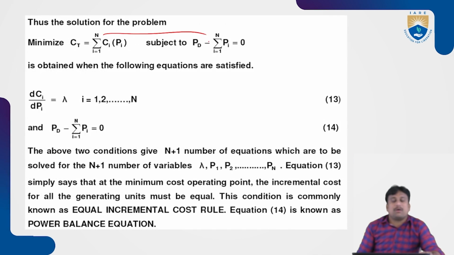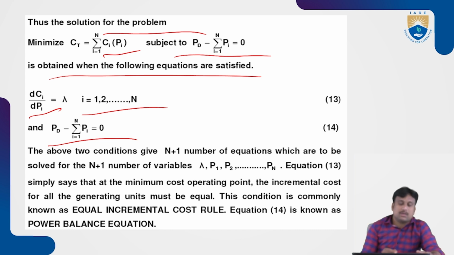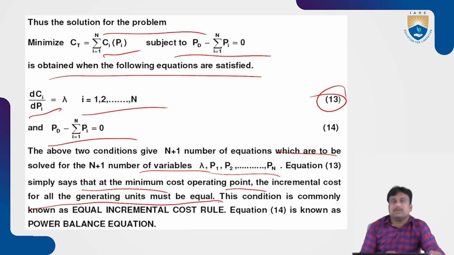Thus the solution for the problem of minimizing CT as summation i equals 1 to n Ci Pi, subject to Pd minus summation i equals 1 to n Pi equals 0, is obtained when the following equations are satisfied: dCi by dPi equals lambda, where i equals 1, 2, up to n, and Pd minus summation i equals 1 to n Pi equals 0. These two conditions give n plus 1 equations to be solved for the n plus 1 variables: lambda, P1, P2, up to Pn. This simply says that at the minimum cost operating point, the incremental cost for all the generating units must be equal.